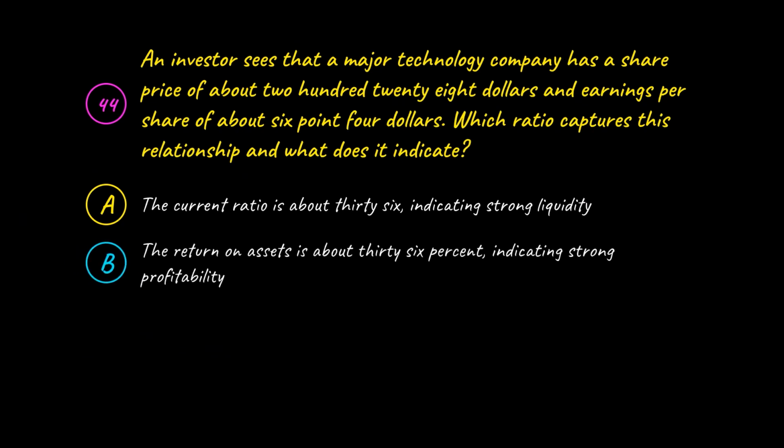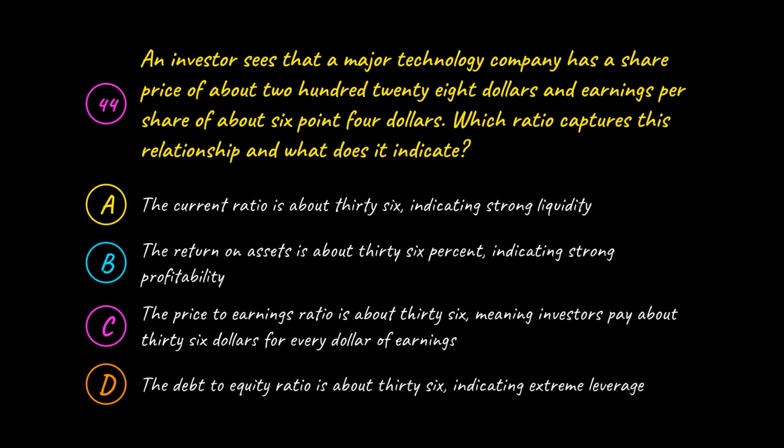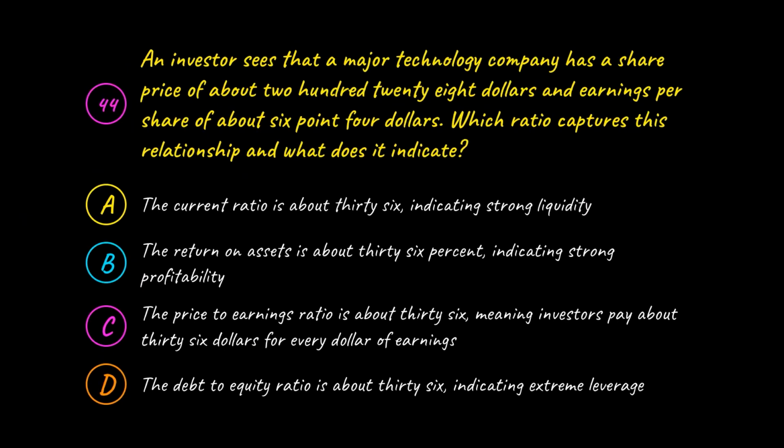B. The return on assets is about 36%, indicating strong profitability. C. The price to earnings ratio is about 36, meaning investors pay about $36 for every dollar of earnings. D. The debt to equity ratio is about 36, indicating extreme leverage. What's your answer? Commit to one before I continue.